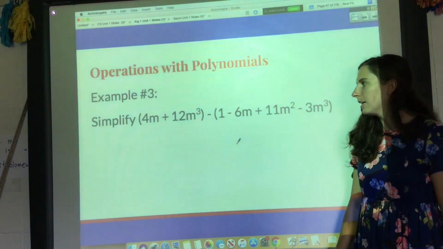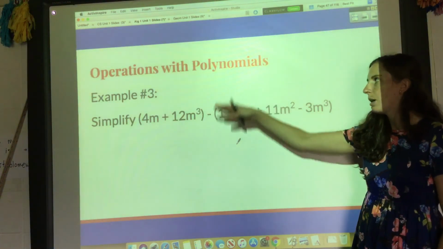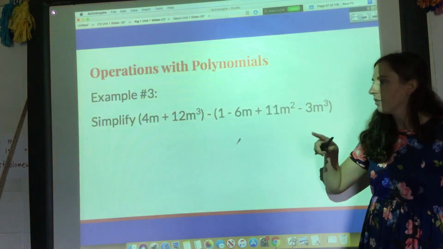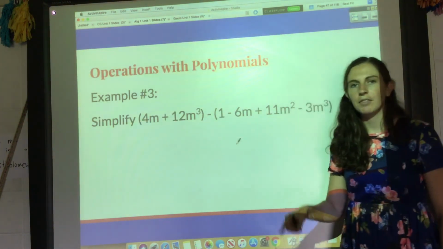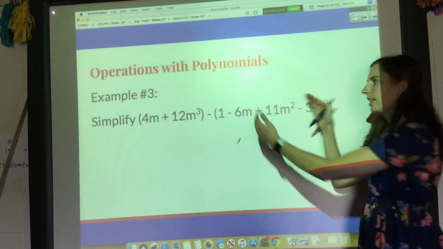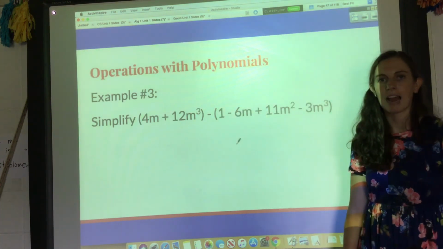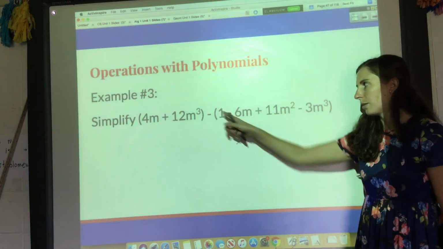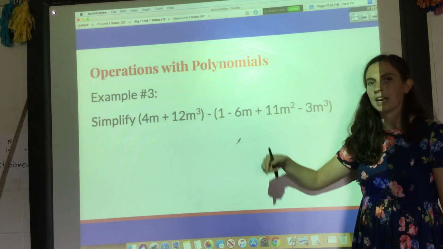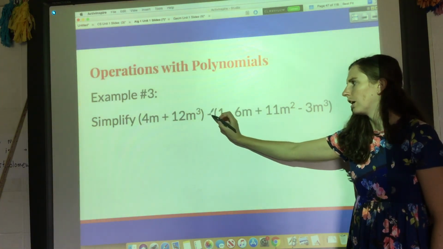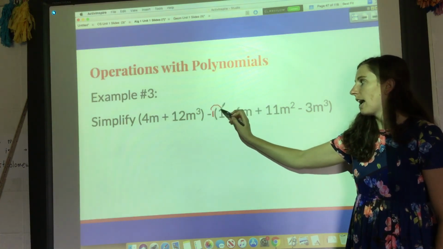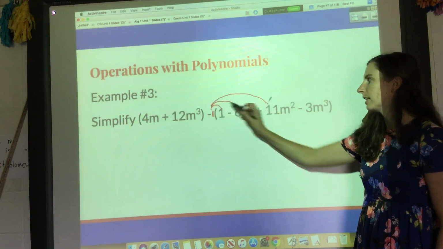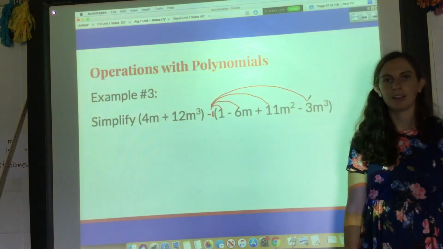And basically, what needs to happen with any polynomial is, if you ever have anything in front of the parentheses, you have to distribute it to everything in the parentheses that comes after. So if there's a number there, or if there's a negative there, which is technically a -1, it needs to be distributed to everything in the parentheses that comes after it.